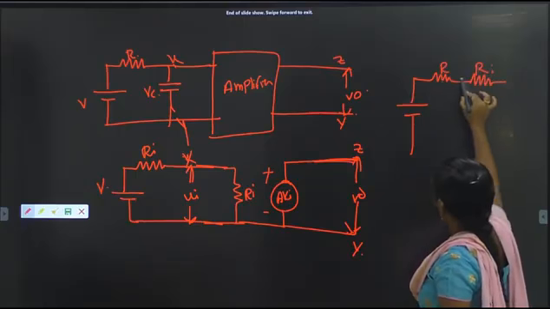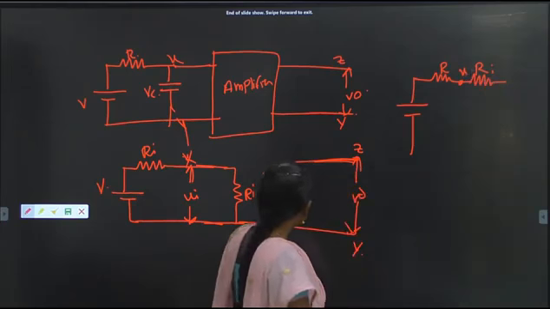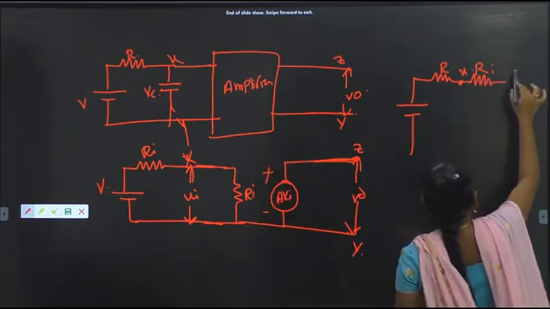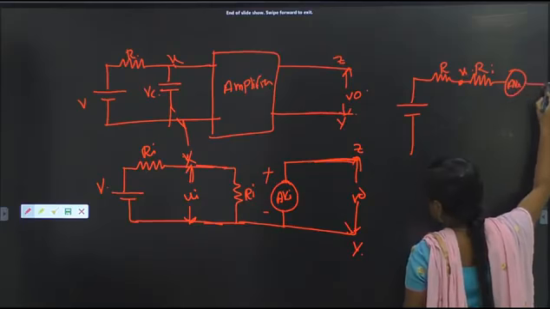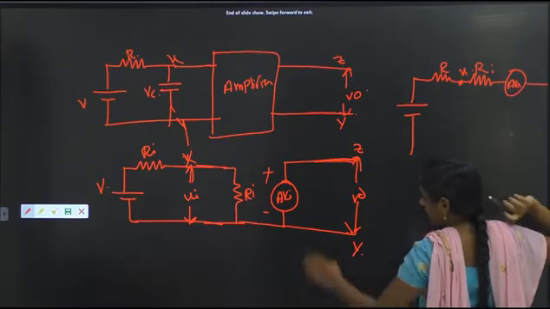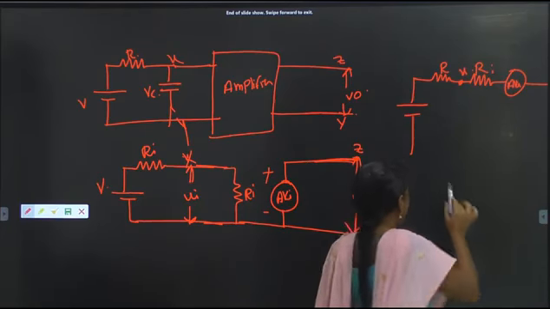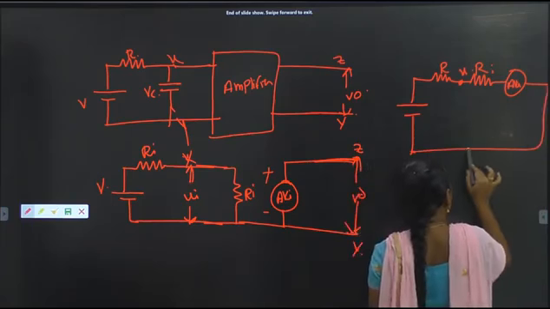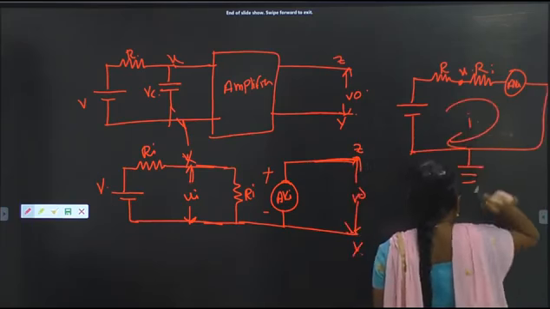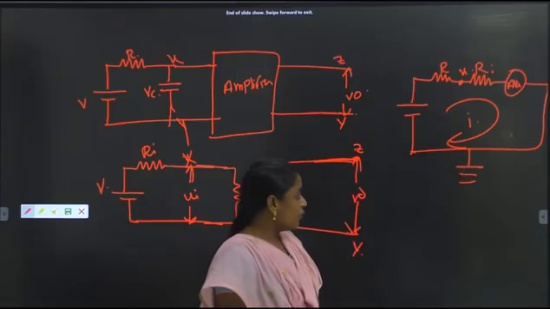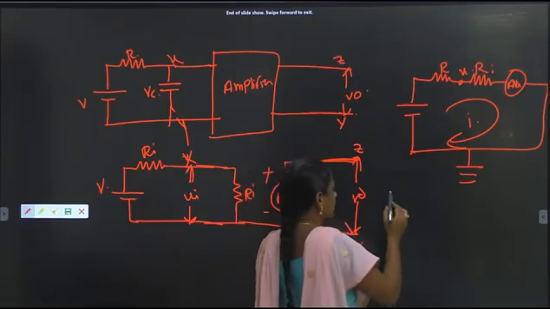In between this there is X, I am indicating that X. After that, this is A Vi, and this A Vi is in between Y and Z. So I connect it like this, connected to ground. That is I. So from that, what is V naught? As we know, V naught is equal to A into Vi.